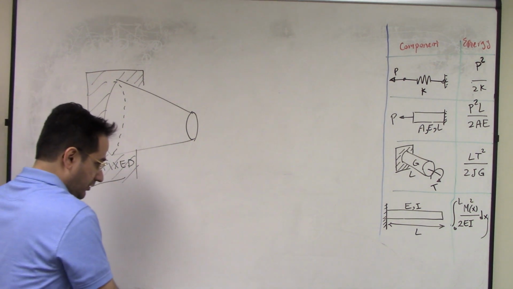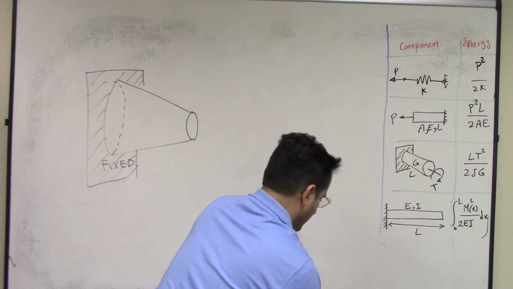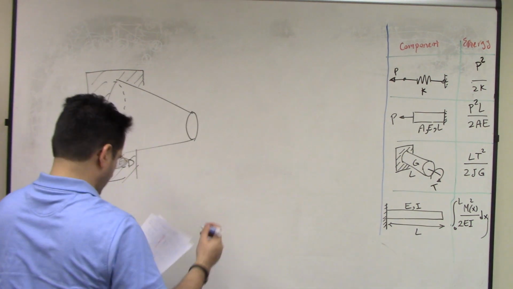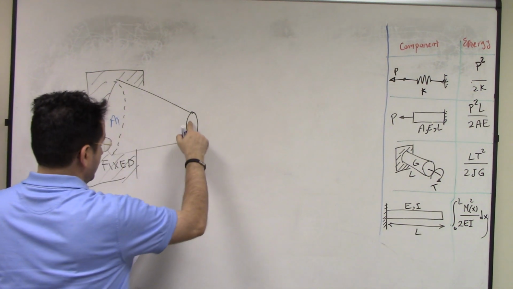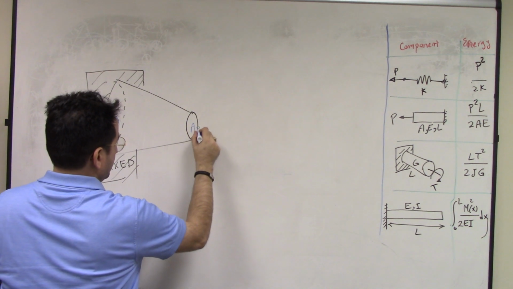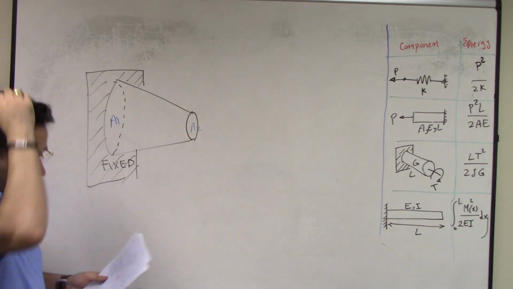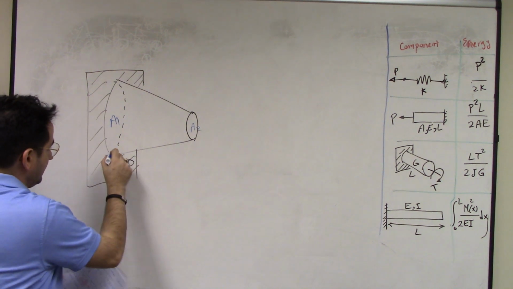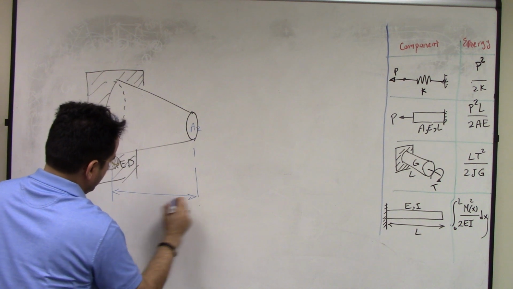And the cross-sectional area is different: A1 here, and this side is A2. So the area at the bottom is A1, at the top is A2. And the length of this bar is L.